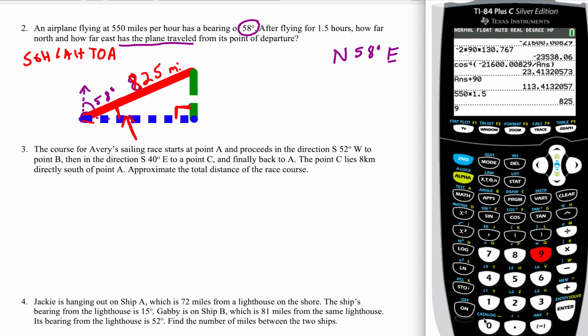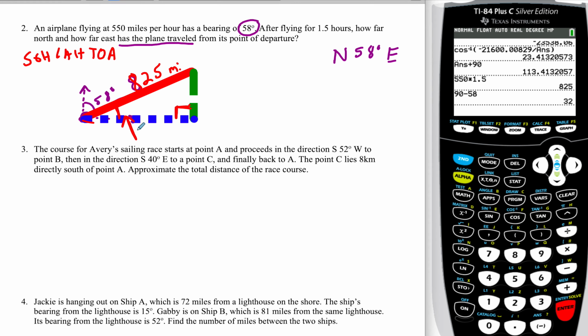So if we take 90, which we know is the whole thing, and we subtract the 58 degrees from above, that leaves us with a 32-degree angle. Okay? So this, remember, is going to be the north, and this is going to be the east.